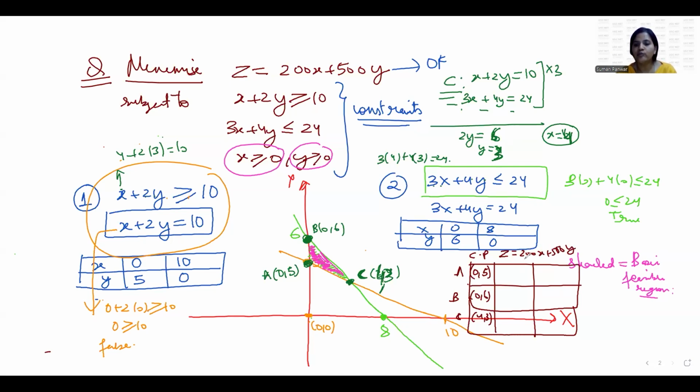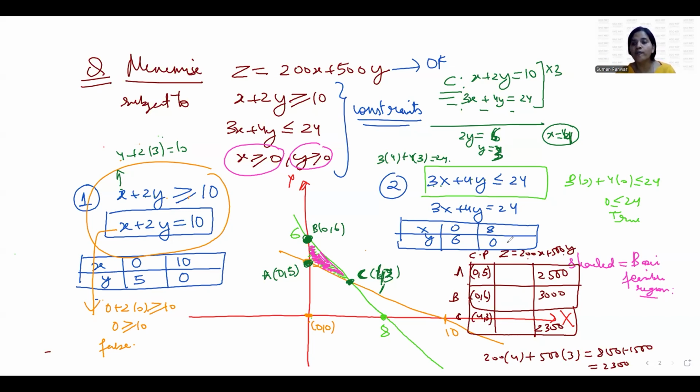So let's calculate: 200 into 0 plus 500 into 5 is 2500, for 0, 6 it is 3000, and for 4, 3 it is 200 into 4 plus 500 into 3, which is 800 plus 1500, which is 2300. So 2300.